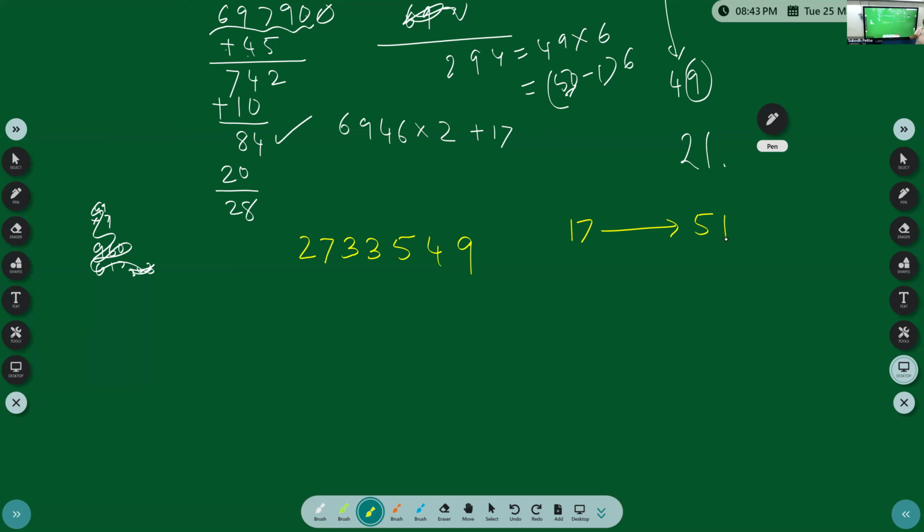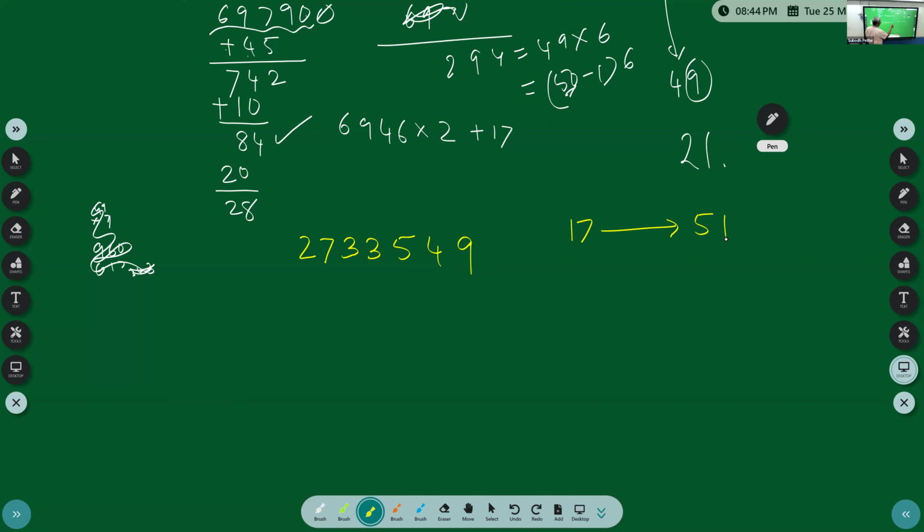You will realize that the last number is divisible by 17. 17 is not an easy number. 51 is important for that. Hopefully this number is divisible by 17 also. Let me check. Yes.